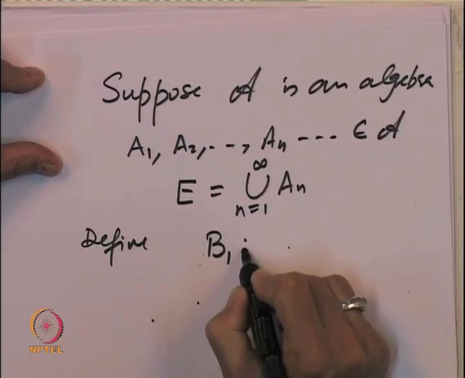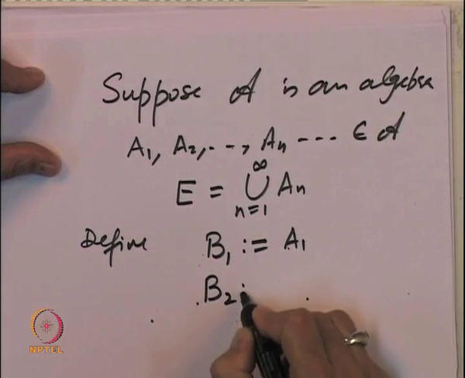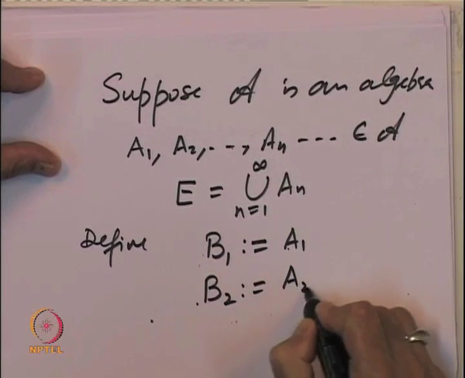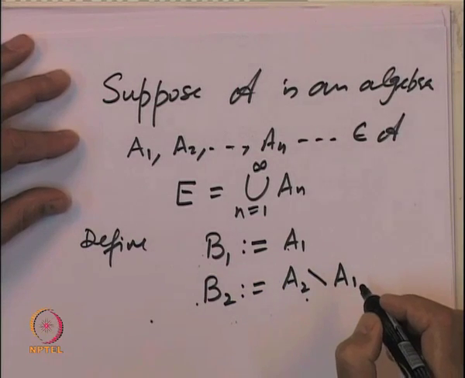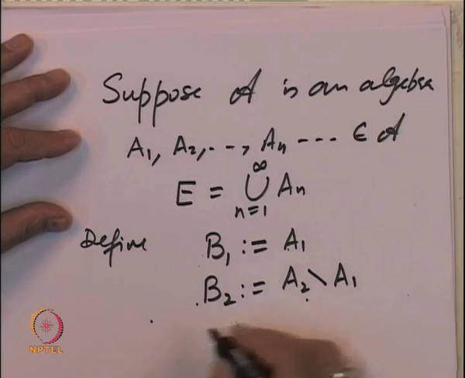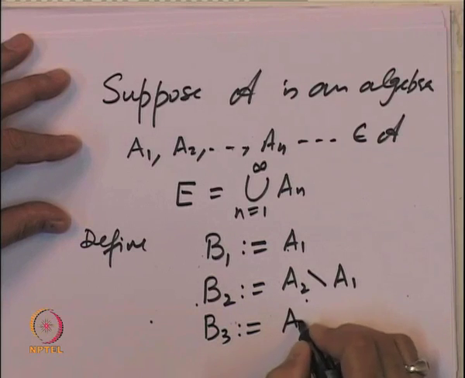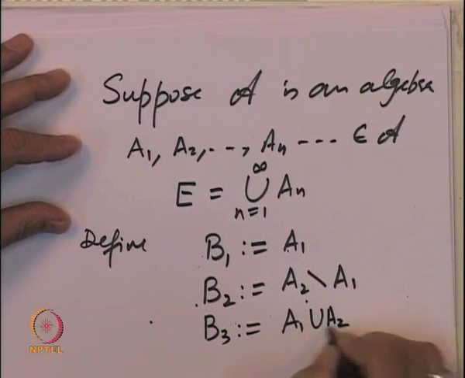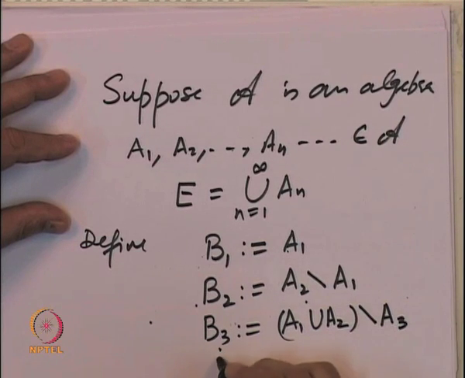Let us define B 1 to be equal to A 1 itself. Let us define B 2 to be equal to A 2 and remove from it the elements which are in A 1. And similarly, let us define B 3 to be A 3 and remove from it the elements which are in A 1 union A 2, and so on.